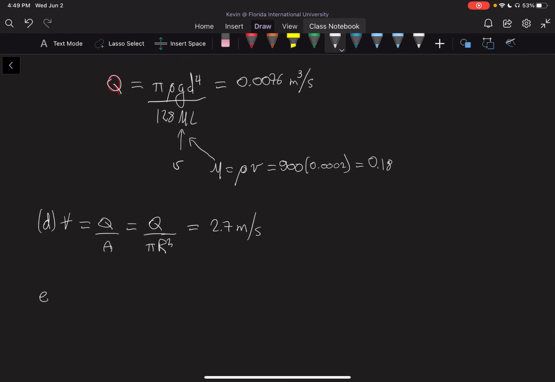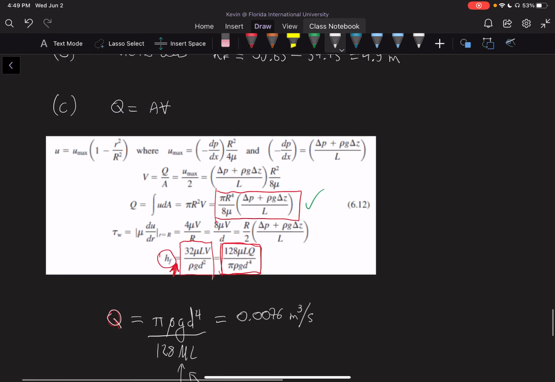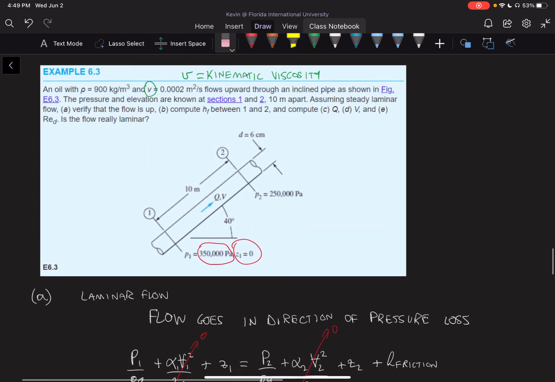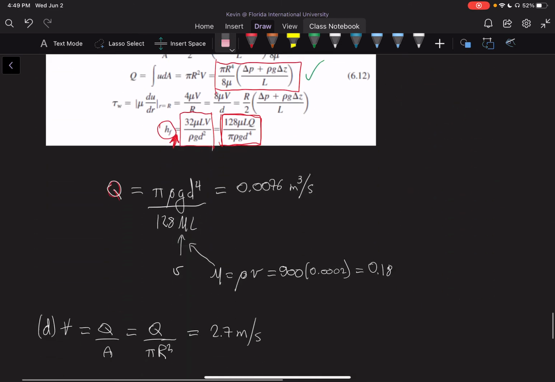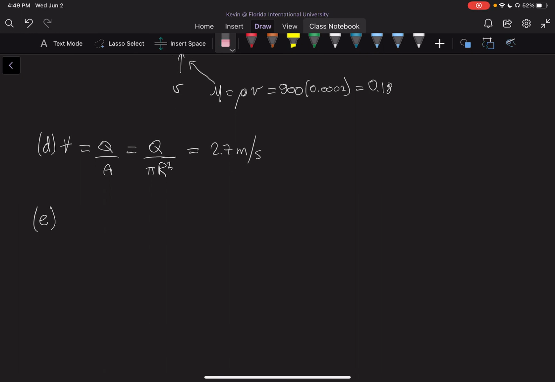And finally, in part E, which is probably the most interesting part of the problem, it says: find the Reynolds number. Is the flow really laminar? So let's look at the Reynolds number for our flow, and let's see if it actually makes sense to have done this whole analysis as laminar.